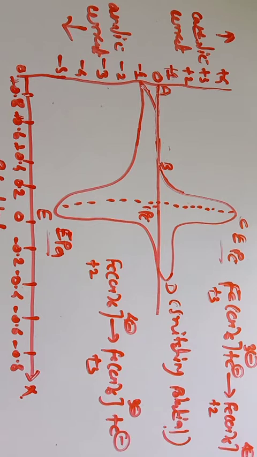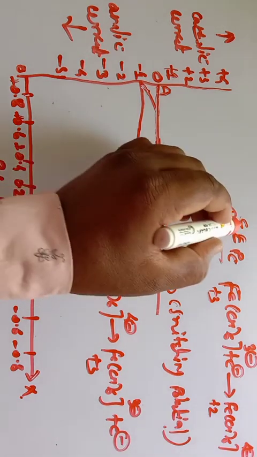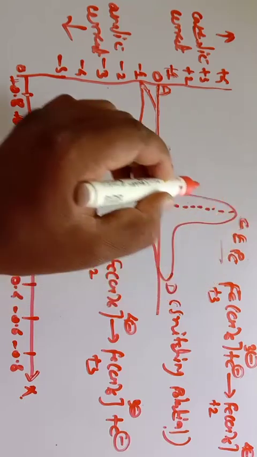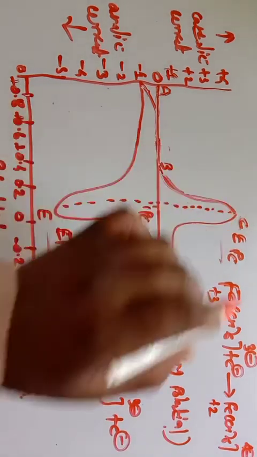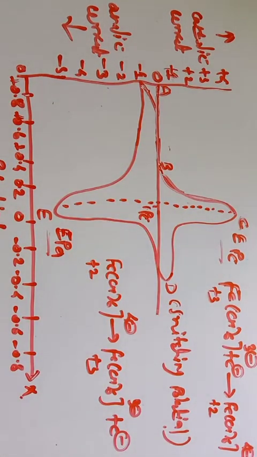A rapid increase in the current occurs in the region of B to C. If you see, this is your C point. So a rapid increase in the current is observed from point B to C as the surface concentration of this Fe plus 3, that is ferricyanide, becomes smaller and smaller. Why?